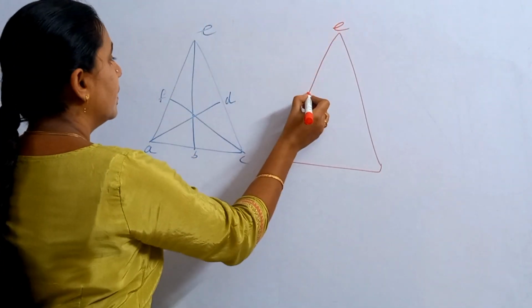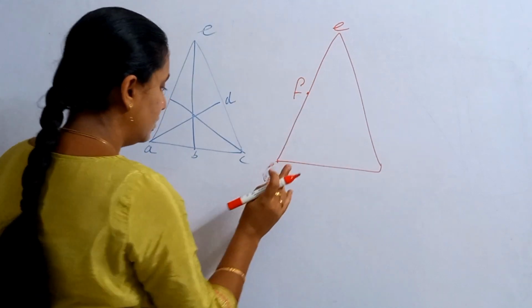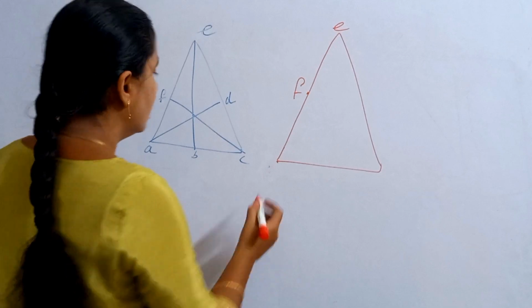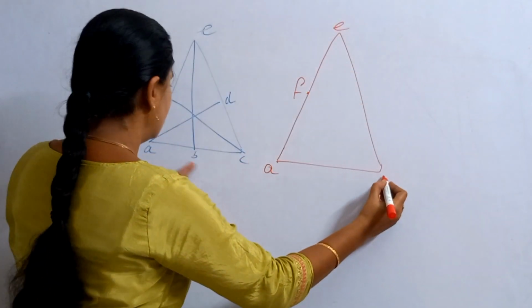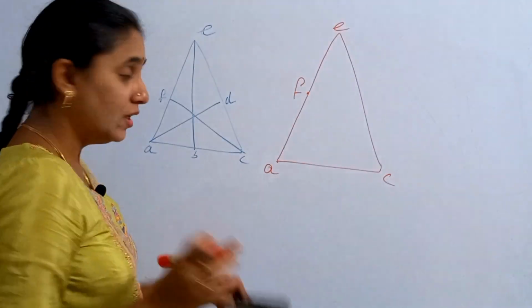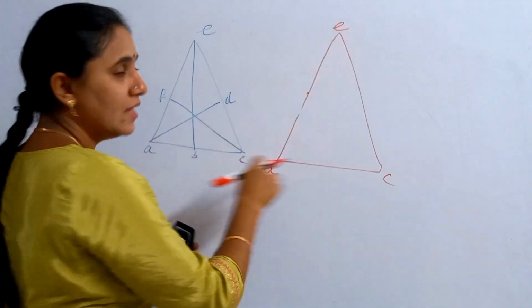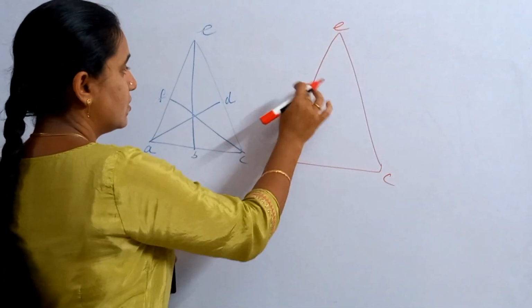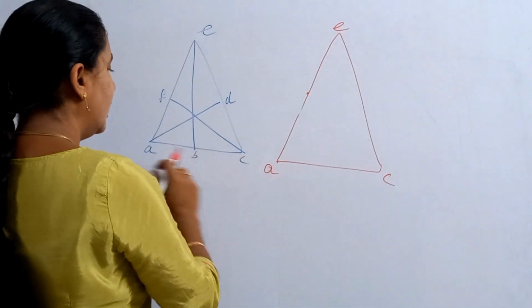So this is E, this is F, this is A, sorry friends. This is A and this is C. I must join these edges, isn't it? Only these I have joined; I erased the others, and we can use them later.